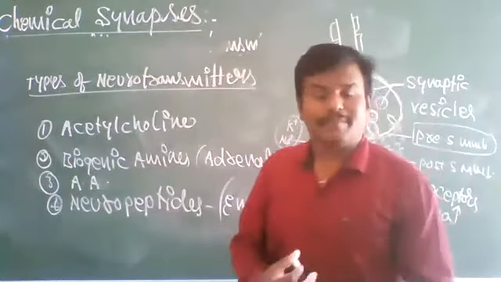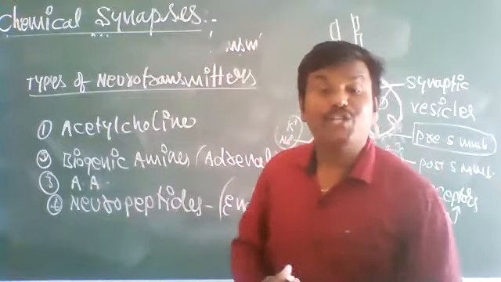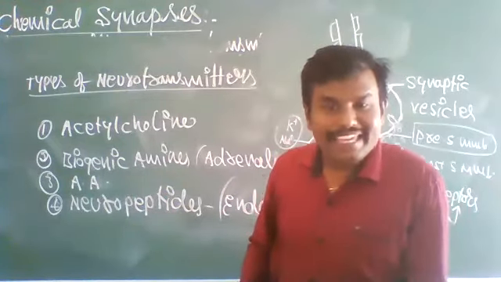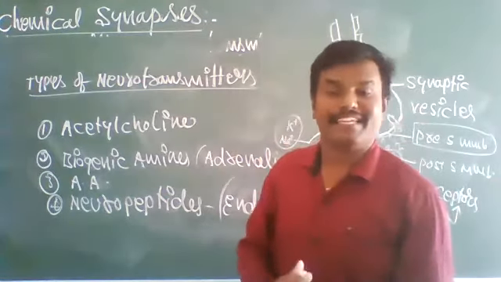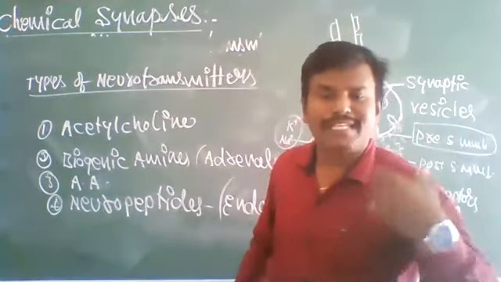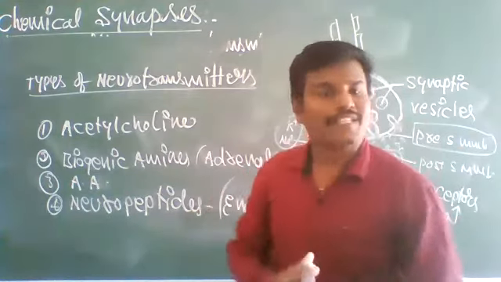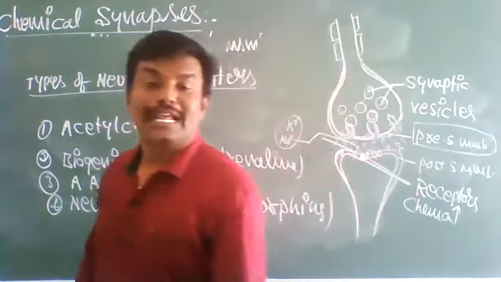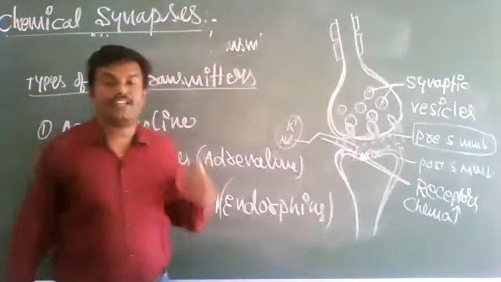Different neurons bring different types of neurotransmitters that may be excitatory or inhibitory. I said excitatory neurotransmitters, and I said inhibitory neurotransmitters. In such a way, 30 different types have been discovered so far in human beings.